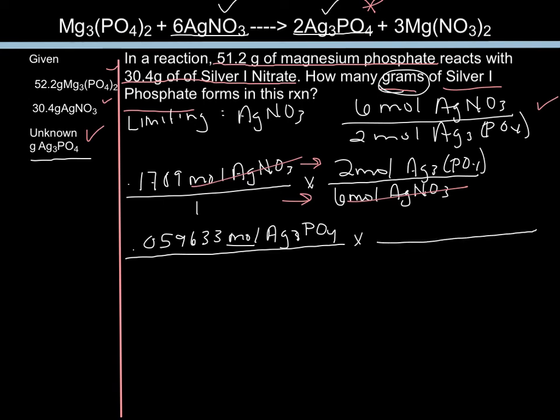I'm going to do that using the molar mass of silver phosphate, because I know that 1 mole of silver phosphate has a molar mass of 418.575 grams of silver phosphate.